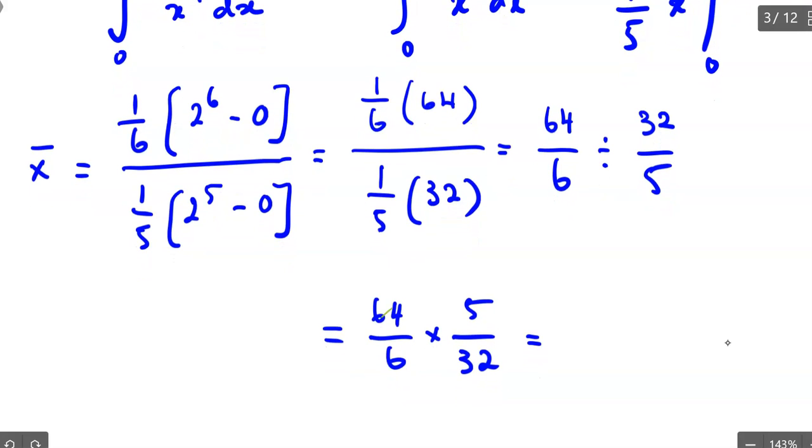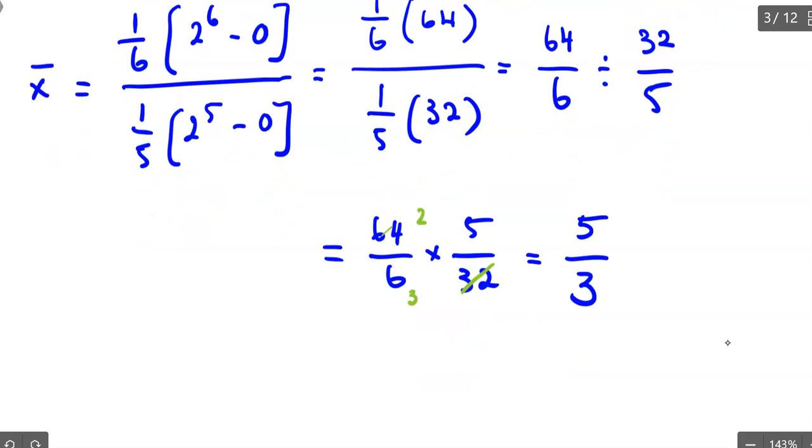So this and that, I should have 2 over 3. That should be 2 here, and 2 cancel with that. I should have 3. Okay, so then my final answer should be 5 over 3.